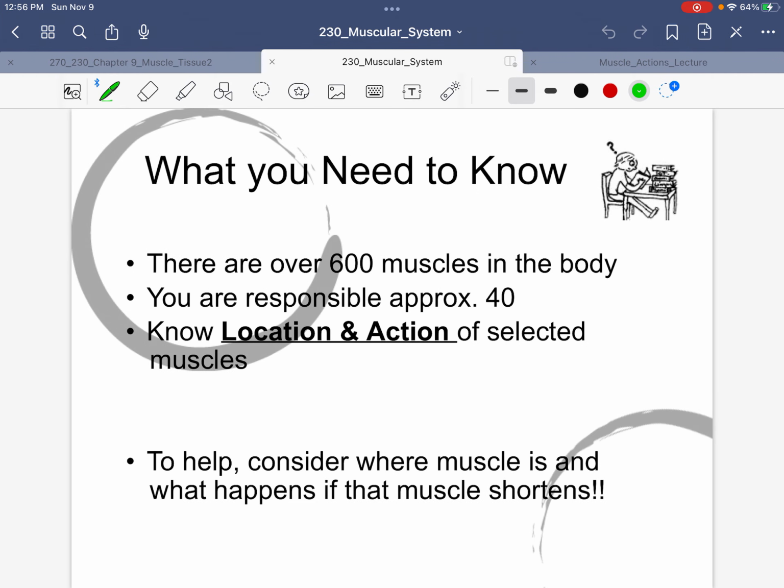You just have to know where the muscles are, which we did in lab. But a lot of this chapter is adding the action. I don't need to talk about that as much because that's memorization. So to that end, I'm helping you folks.